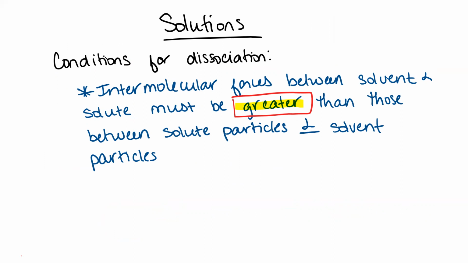This means that with our NaCl example, there is an interaction going on here. This is a force between the ions which keeps them together. It's an ionic compound, and in order to break this apart, our solvent has to be able to overcome this interaction.